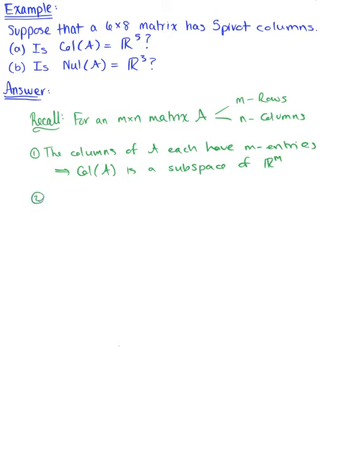Now we also saw in this theorem that a vector x that satisfies the matrix equation, matrix A times vector x, has n entries. And so therefore, the null space of matrix A is a subspace of Rn.